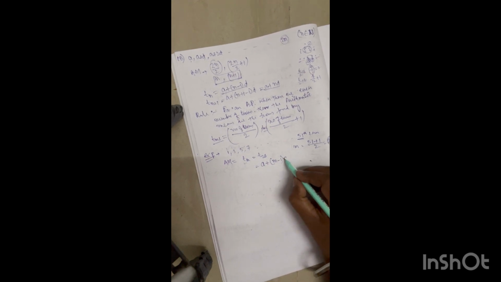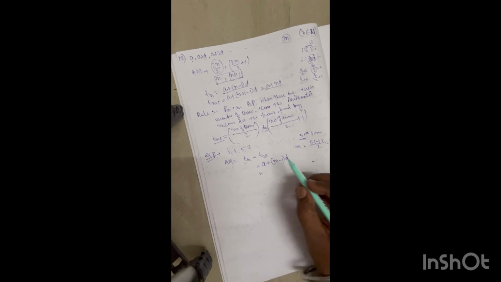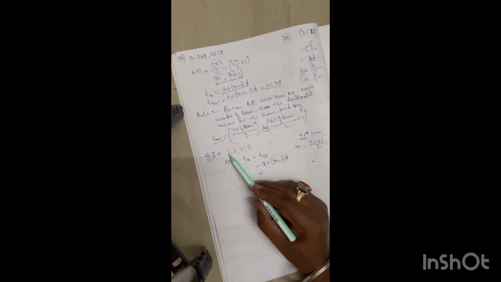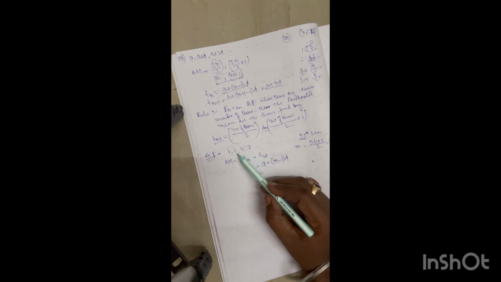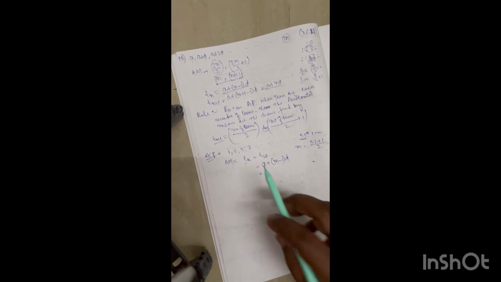It is obvious that you know the first term and the common difference between any two consecutive terms. Either you subtract this from this or this from this, you always get the same answer because this is identified as an AP series.